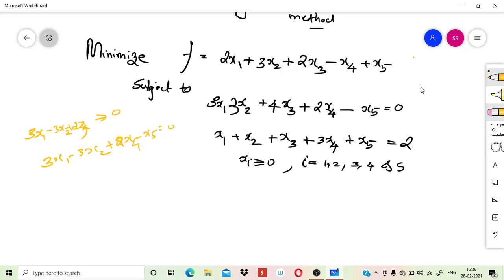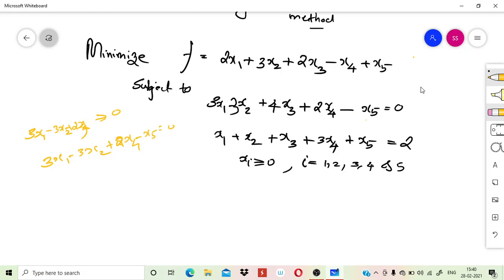Okay, up to that, maybe it can be or cannot be, because this x5 variable is present in our minimization objective function also. So you cannot say, because in our previous simplex method, the surplus variable was only introduced in constraints.